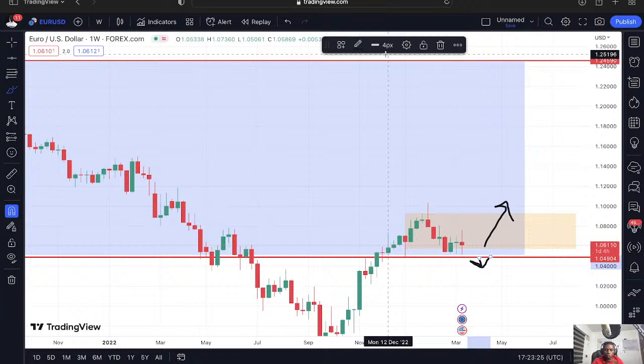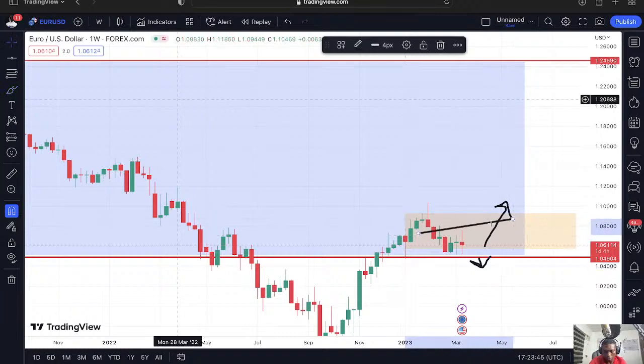You have to wait for two confirmations: either price breaking out of the resistance zone, the minor resistance zone, which is this level, or of the support zone. Either of those.